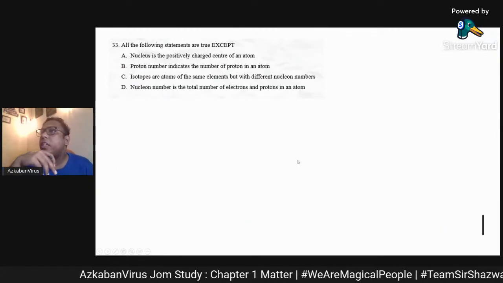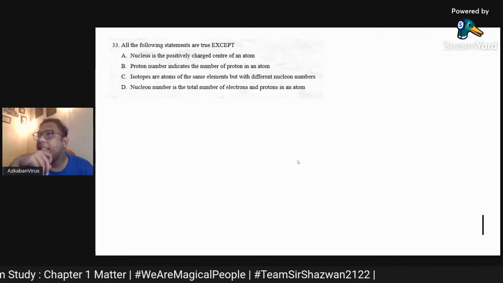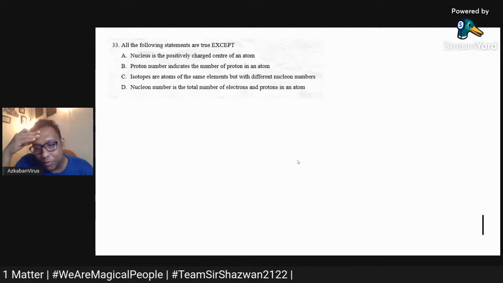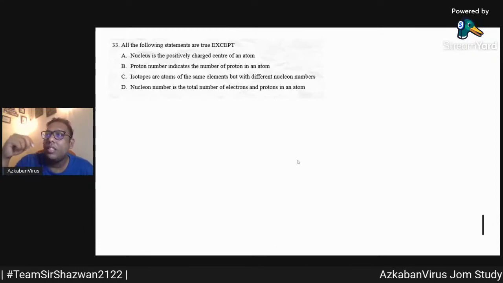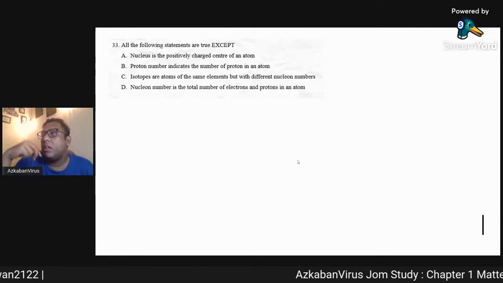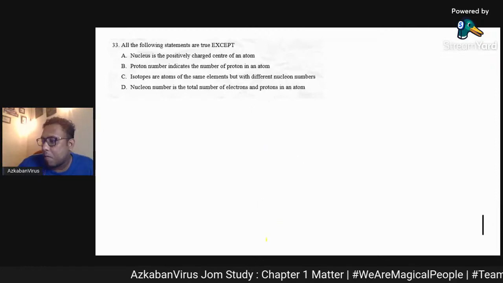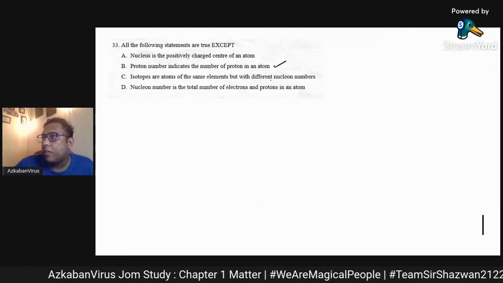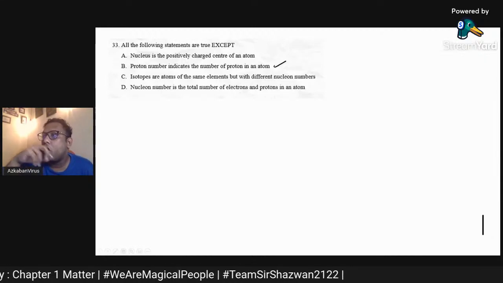Proceed to the next question. All the following statements are true except: nucleus is a positively charged center of an atom. Tricky. It is tricky. Proton number indicates the number of proton in an atom. Isotope are atoms of the same element but with the different nucleon number.